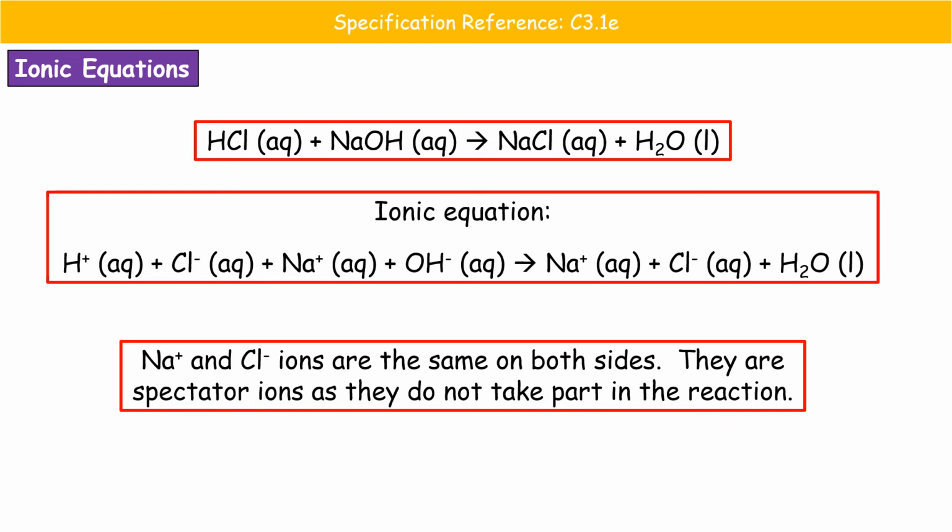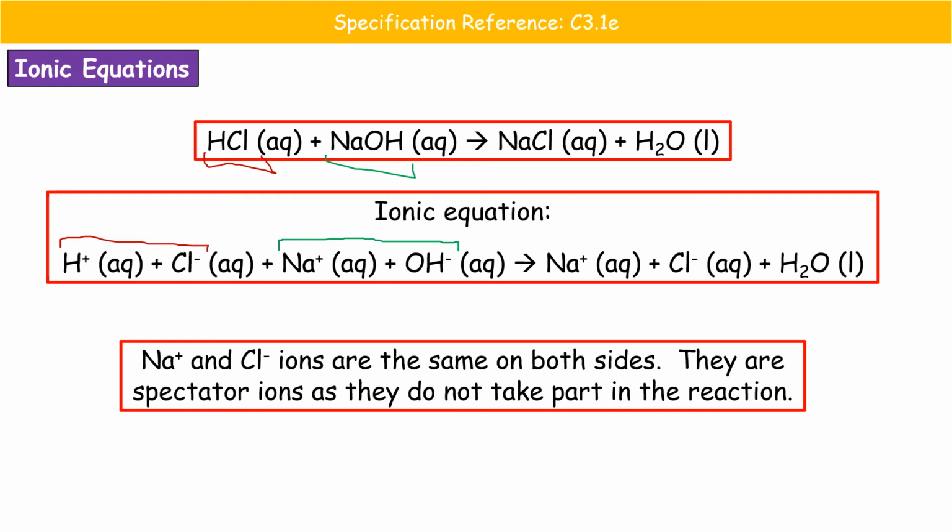So, what we start off with, hydrochloric acid, that is an ionic substance, so therefore we have hydrogen ions, H+, and chloride ions, Cl-. So this little first section here is our hydrochloric acid. The next bit, we've got sodium hydroxide. It's ionic again. So we have sodium, Na+ ions, and hydroxide. Remember, it's a compound ion, it stays together, OH-.